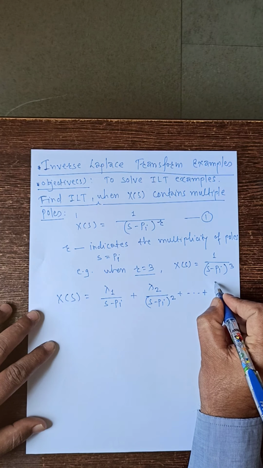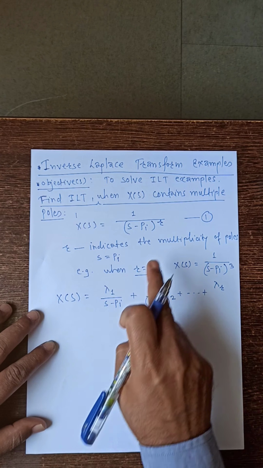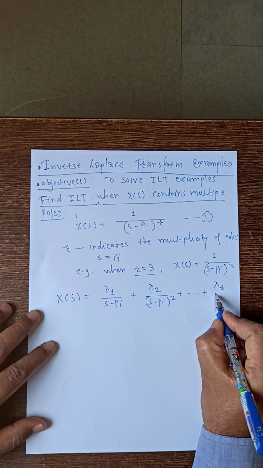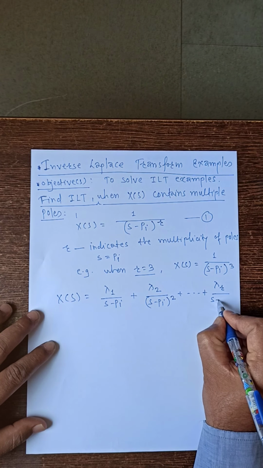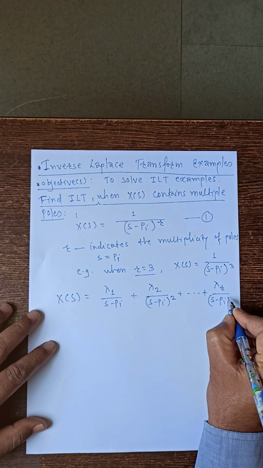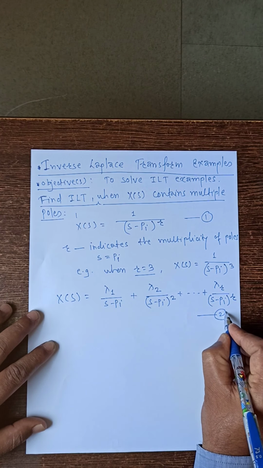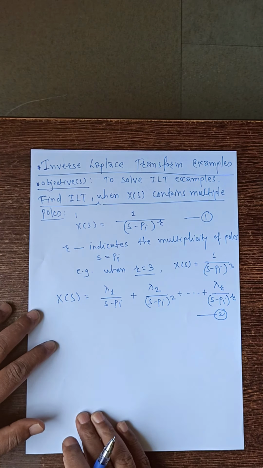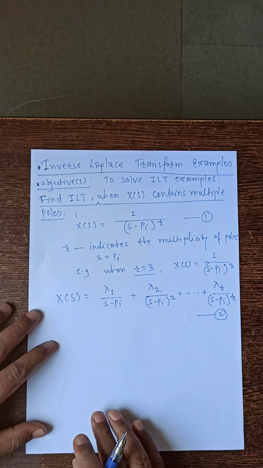Finally, let it be lambda r over (s minus pi) raised to r, because the multiplicity is r. This is the representation of X(s) given in equation 1 using the PFE method.